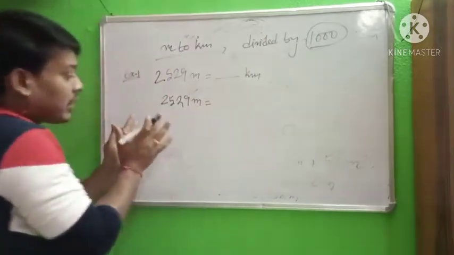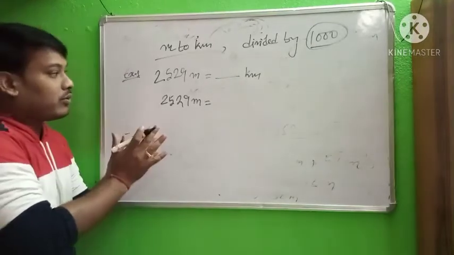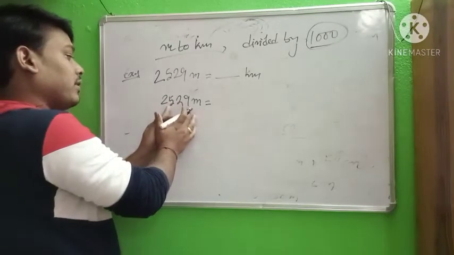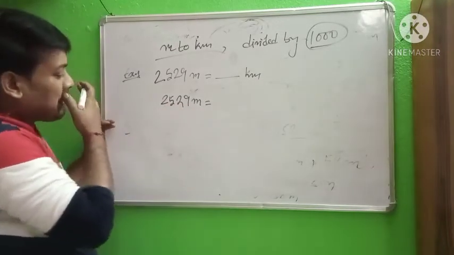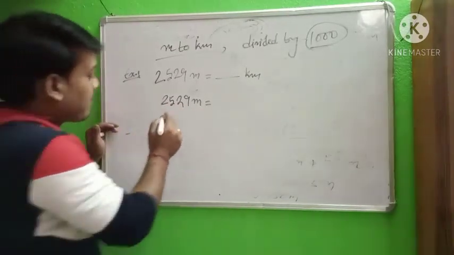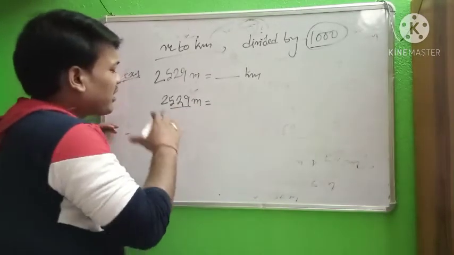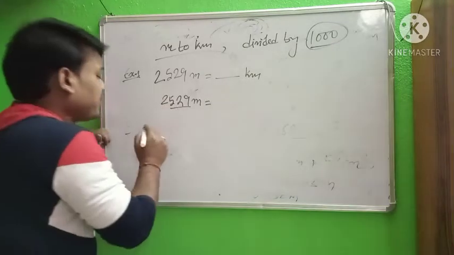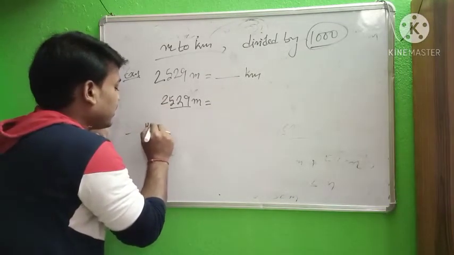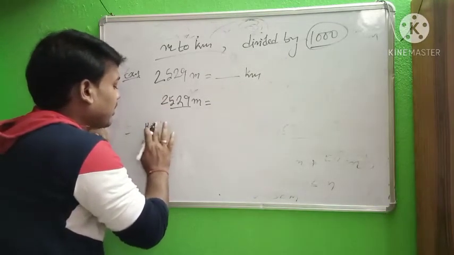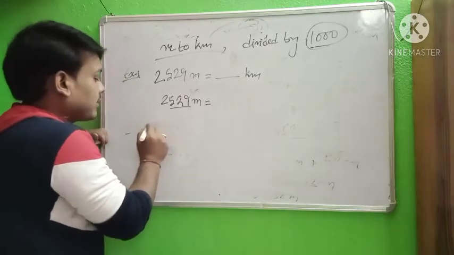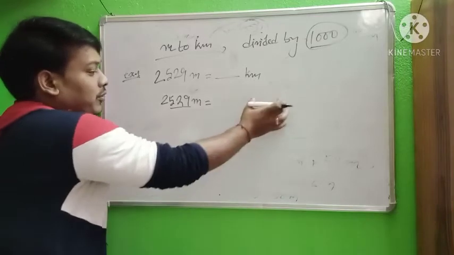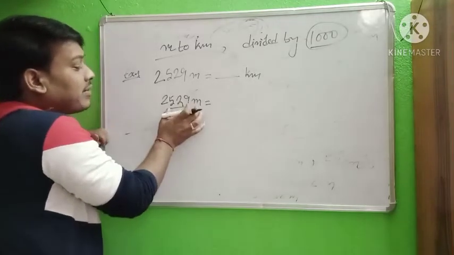So we have to write the value in this way, or we have to write the value in expanded form, 2000 plus 529 in this way. That means we put at the last the remainder.